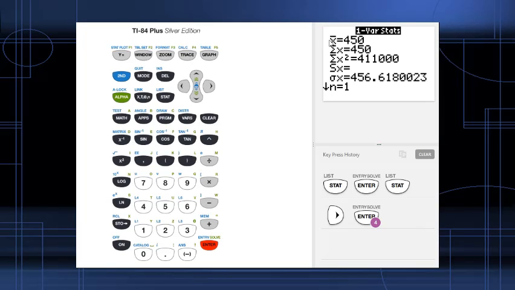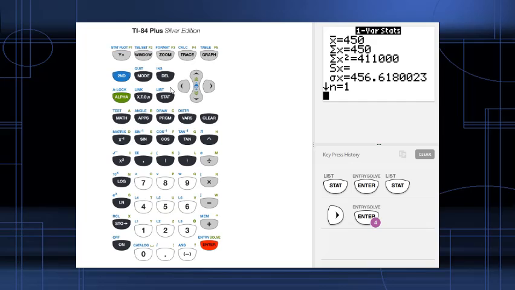Right here is the mean, which was $450. And right here, the sigma of my discrete random variable is 456.6. Jot that down somewhere. So my expected value is 450, and my standard deviation is 456.6 for Fund C.